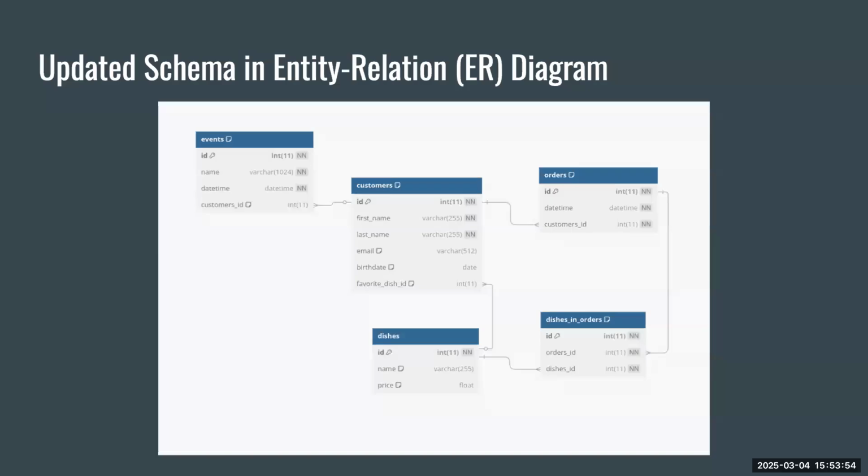Anybody have a guess? Yeah, so that means that this is not a required relationship right here. So the circle means 0 or 1 on this side to many on this side. So some customers might not have favorite dishes, which is just fine with us. We're a restaurant proprietor, so we don't care.